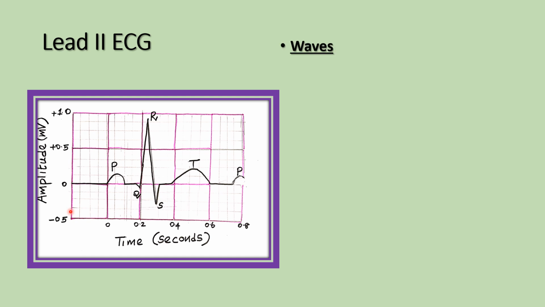The waves are the P, Q, R, S, T waves. P wave is due to the atrial depolarization. Atrial depolarization produces the P wave. Duration of the P wave is 0.1 second.